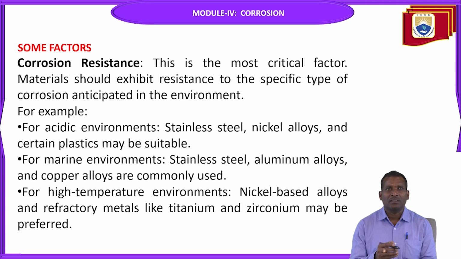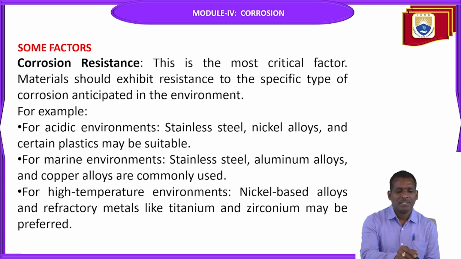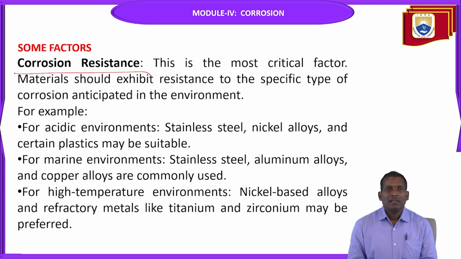Some factors we will discuss here. The corrosion resistance is the most critical factor. The material should exhibit resistance to the specific type of corrosion anticipated in the environment. For example, for acidic environments, stainless steel, nickel alloys, and certain plastics may be suitable.